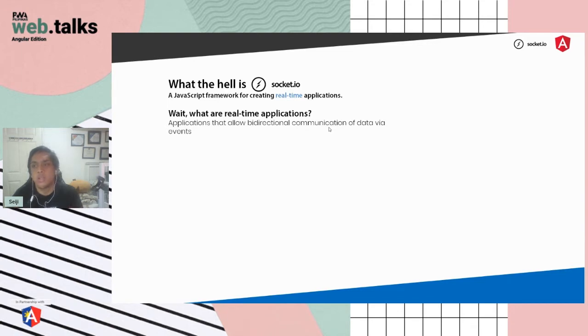Real-time applications, on the other hand, allow bidirectional data, meaning that we are using push notifications in our applications. For example, a front end sends a particular command or execution to the backend server, and the backend server emits back to all the clients that are connected to the backend server. As I said a while ago, in simple terms, it's called push notifications.